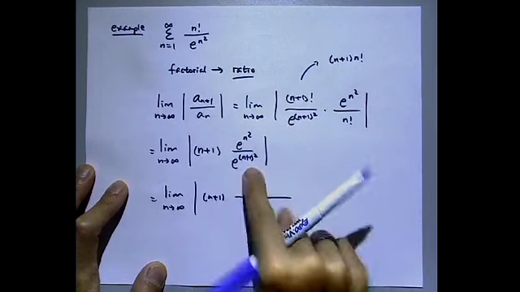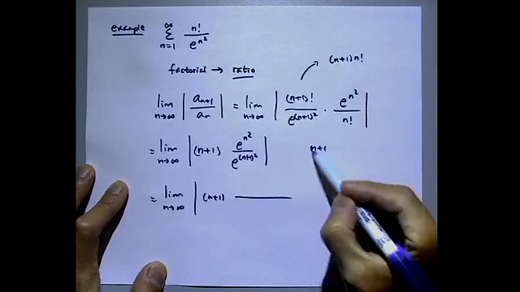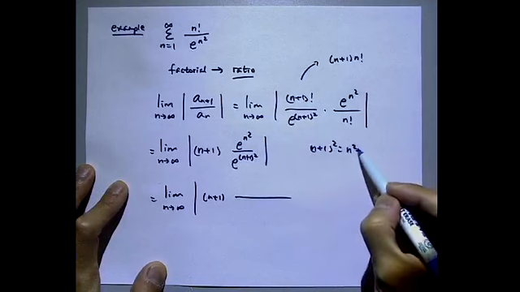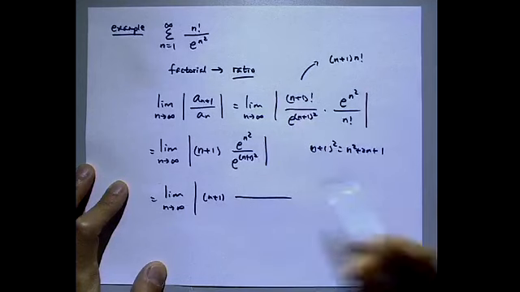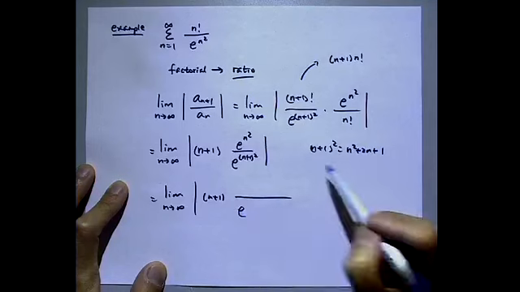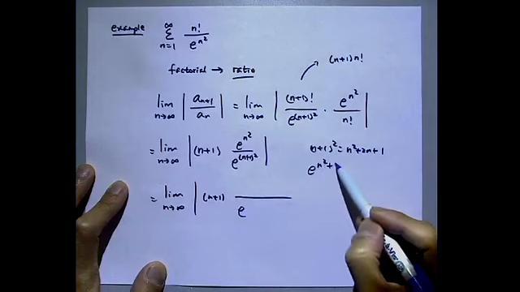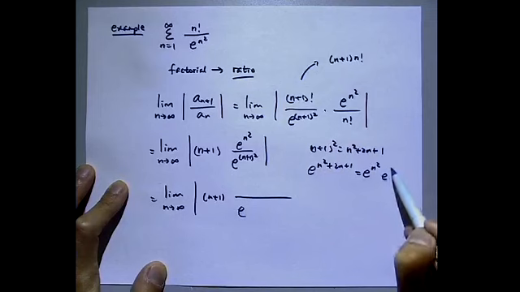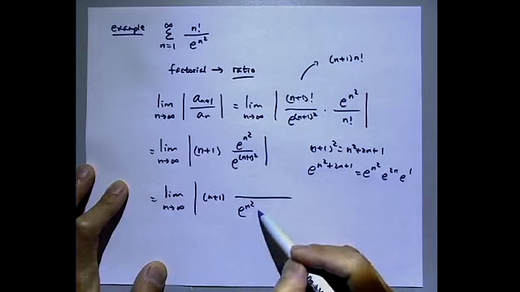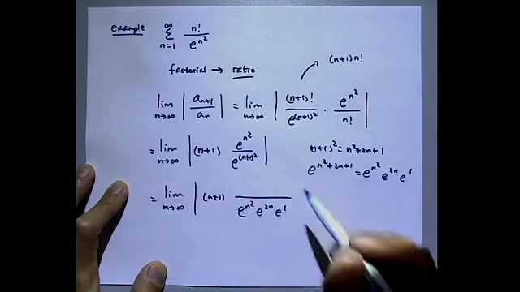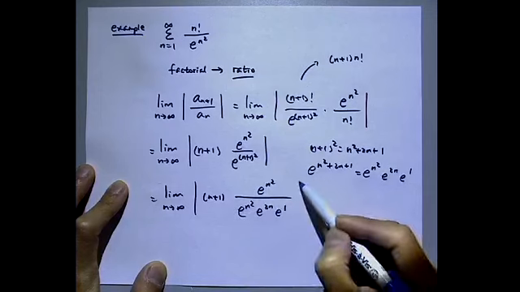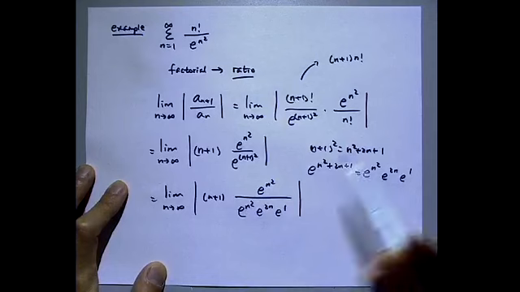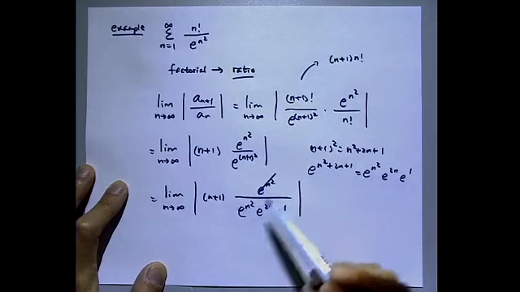We're going to multiply this out, right? N plus 1 squared is n squared plus 2n plus 1. And so e to the n squared plus 2n plus 1 is e to the n squared times e to the 2n times e to the first. So these will go away.